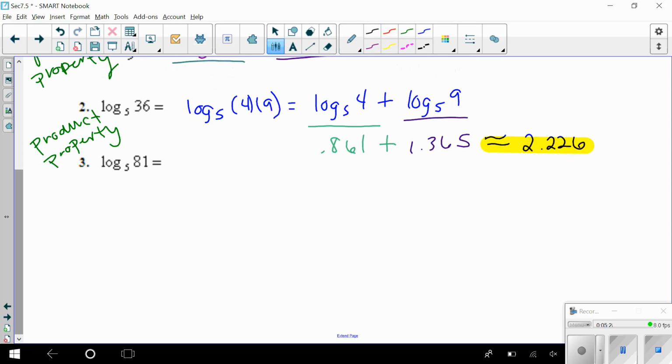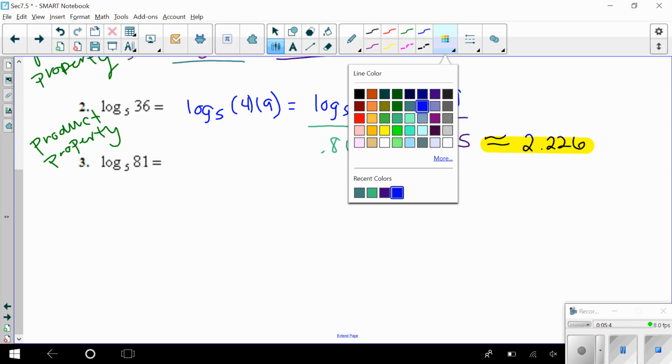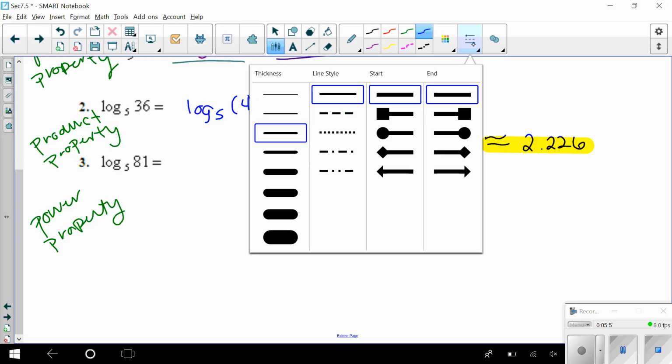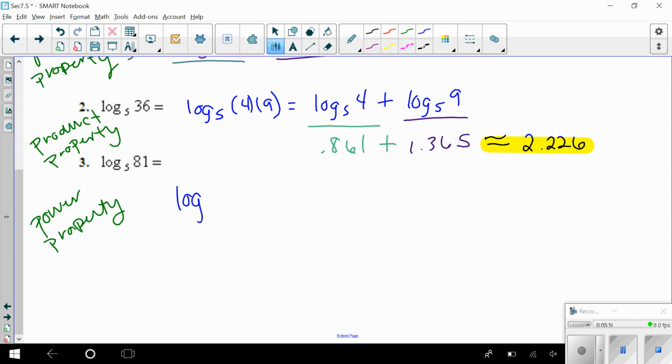All right, now in the last one, we're going to use the power property. Again, we only have estimates for log base 5 of 4 and log base 5 of 9. So we're going to rewrite this log base 5 of 81 as an exponent. So we can write that as log base 5 of 9 squared, because 9 squared is 81.